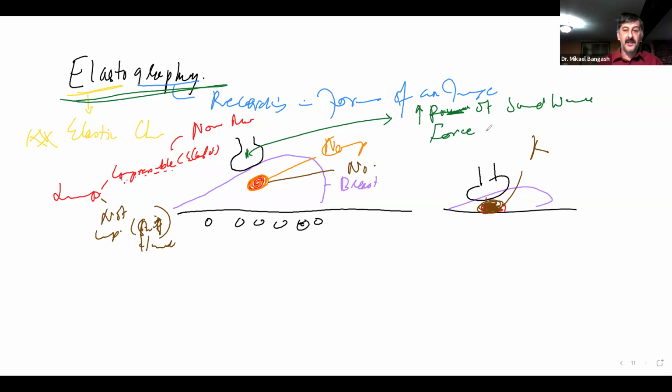And if that increased force, for instance, is able to press, then we say that it was compressible, and that will mainly mean not malignant.